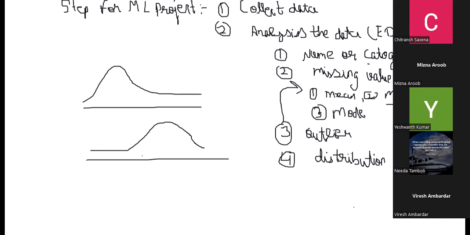Suppose this is my data, then apply log. Then you can convert your skewed data into the normal distribution.